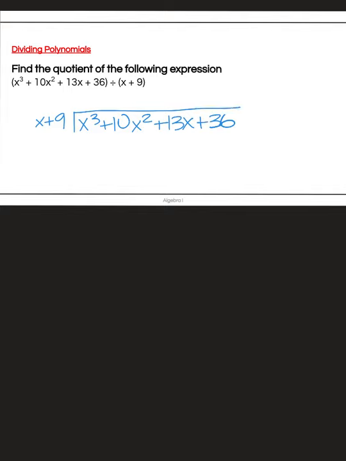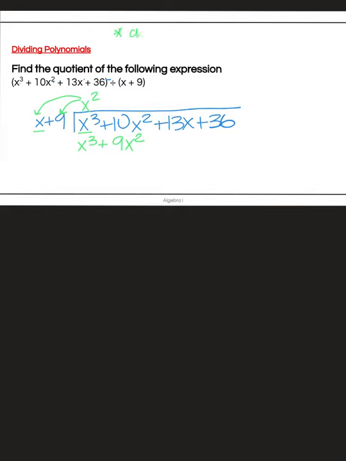Everything is good because the exponents go 3, 2, 1, no exponent. Now, x times what is going to give me x to the third? x squared. So x squared times x gives x to the third, and x squared times 9 gives plus 9x squared.